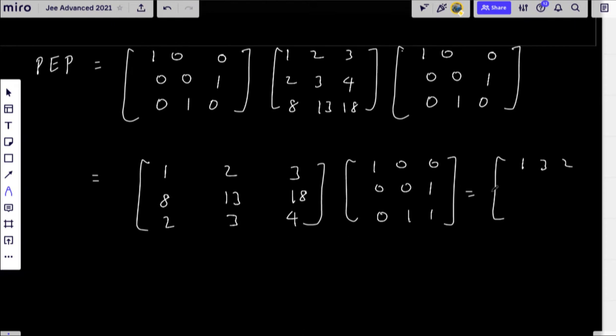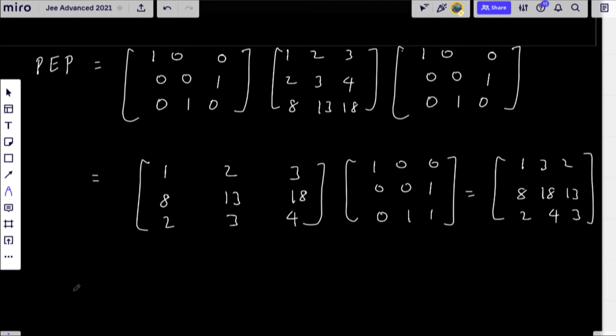Then this element, second row, first column, is 8, correct, and then 18, and then third column, that is 13, 18, and here that is 13, right? Others are 0. So we write 13. What about this one here? 2, 4, and 3. Okay, fine.